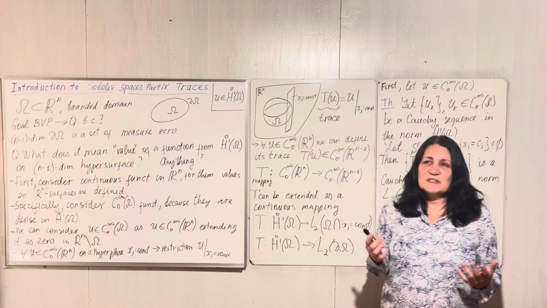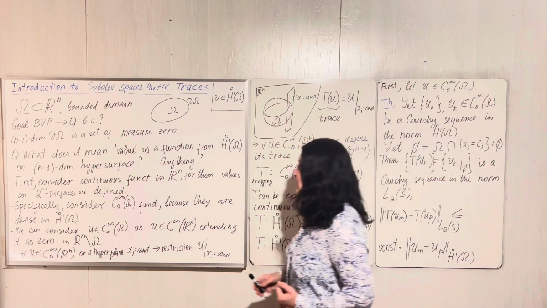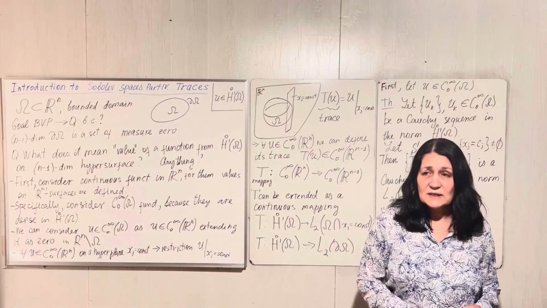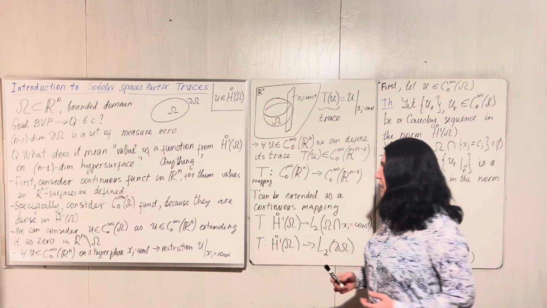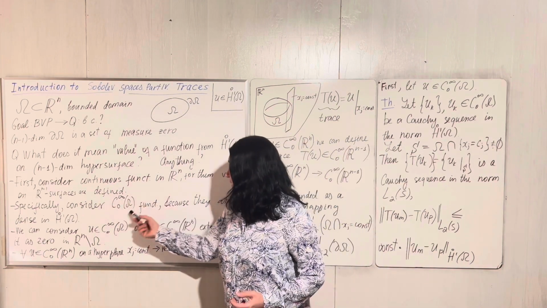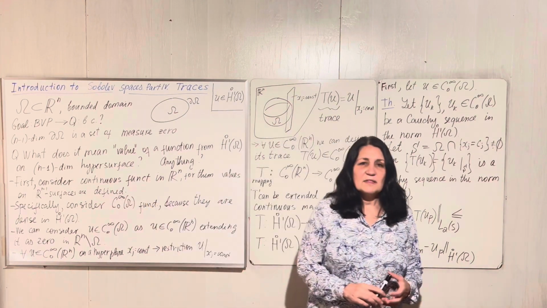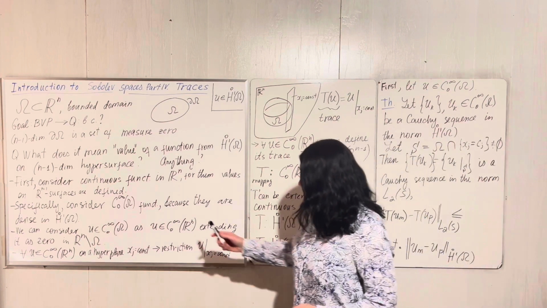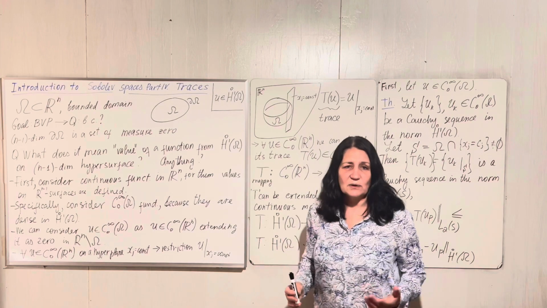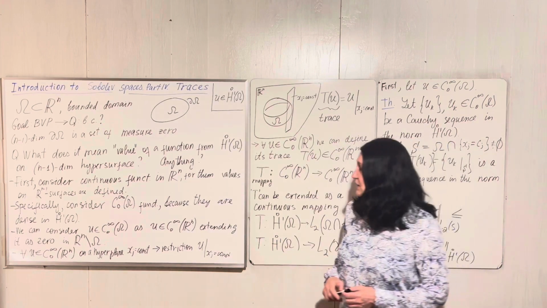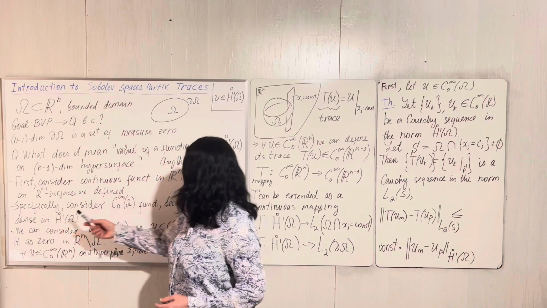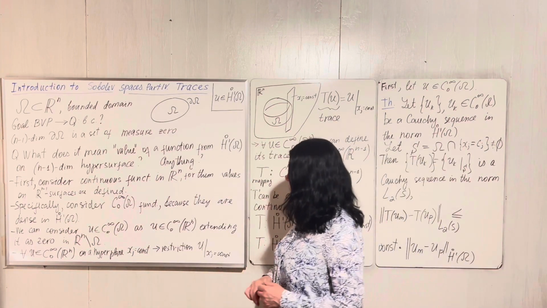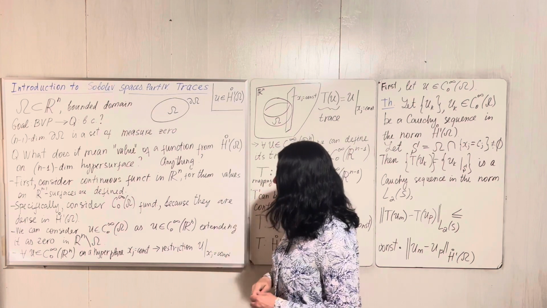And specifically, let's talk about functions in C0 infinity, so infinitely differentiable functions with compact support on omega. The reason we want to talk about these functions first is that they are dense in H10. If you remember the definition of H10, it was the closure of C0 infinity in the H1 norm.